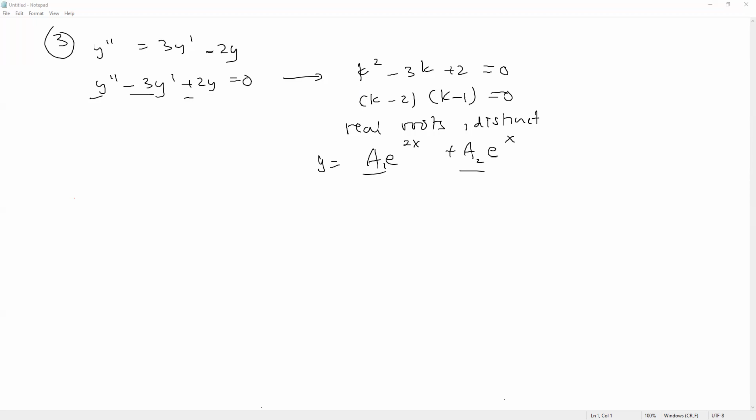From this, we know that y dash is going to be 2a1 e to the power of 2x plus a2 times e to the power of x. These functions, we can substitute the known values. We know that y of 0 is 1 and y dash of 0 is 2.